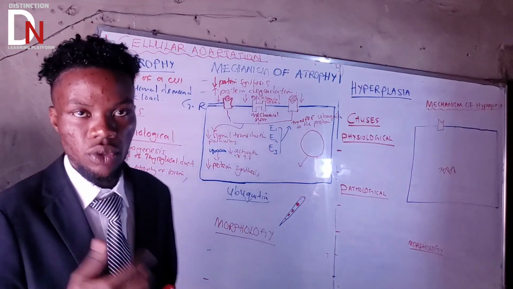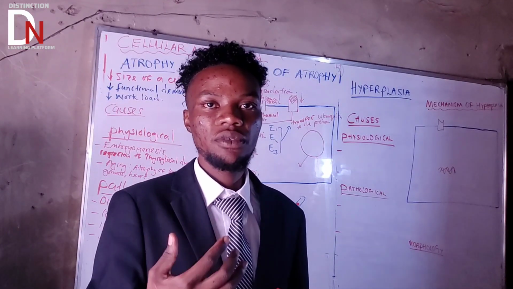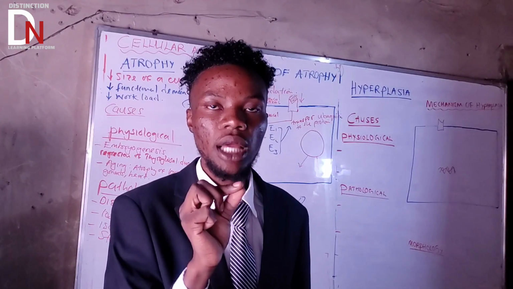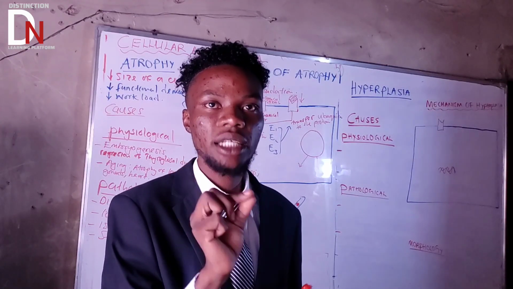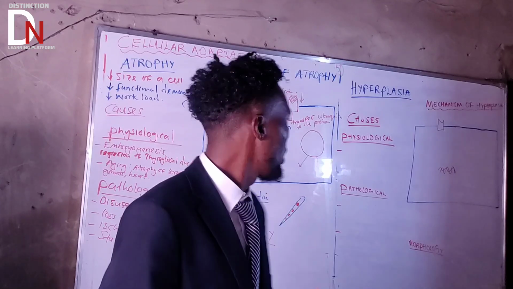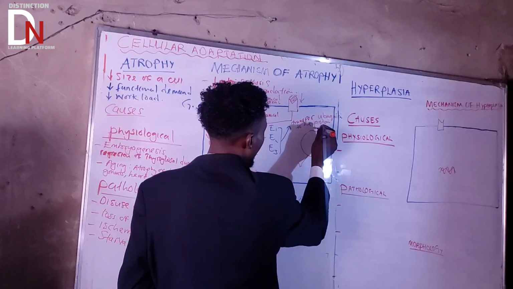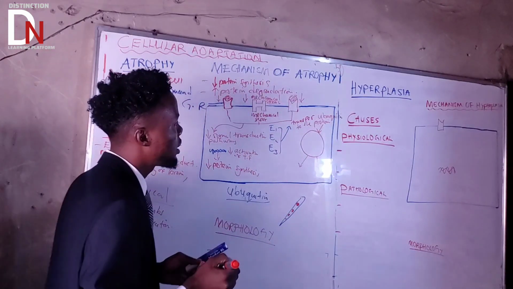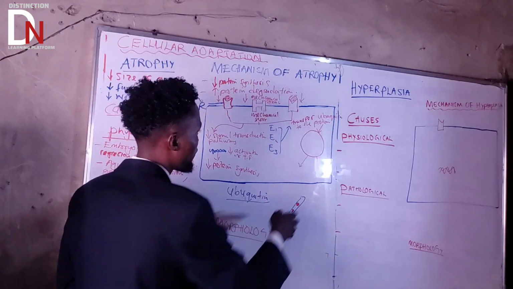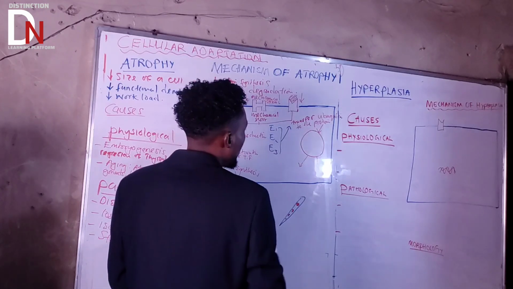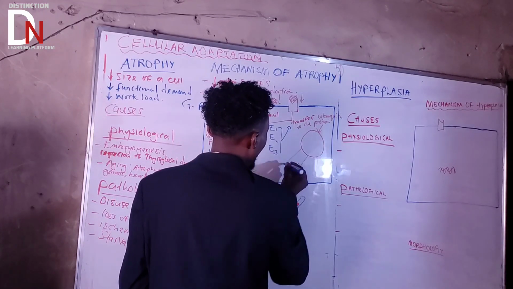If those ubiquitin proteins have been transferred to the protein that has to be degraded, it means that protein has been tagged for degradation. Once that happens, the protein that has to be degraded will be transferred into this vesicle. This vesicle is called the proteasome.